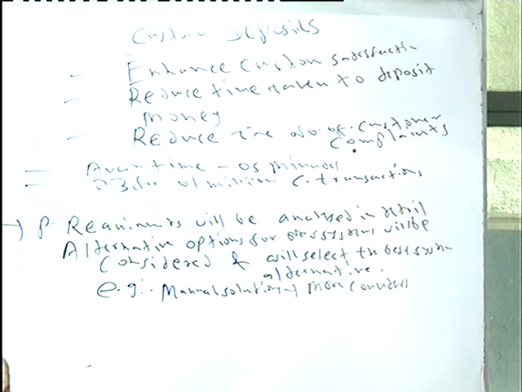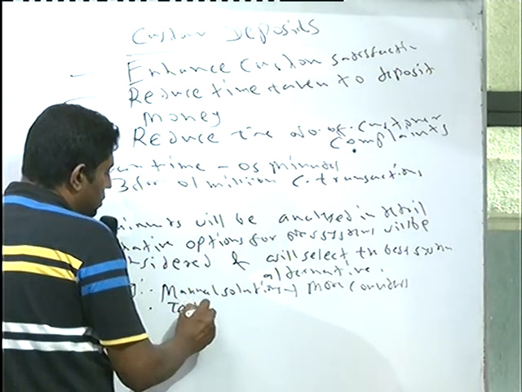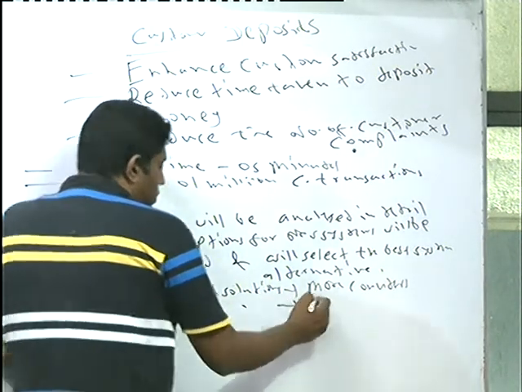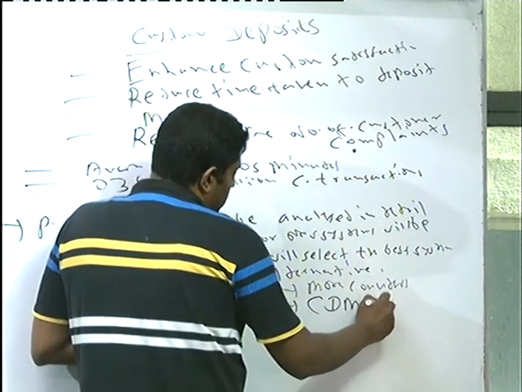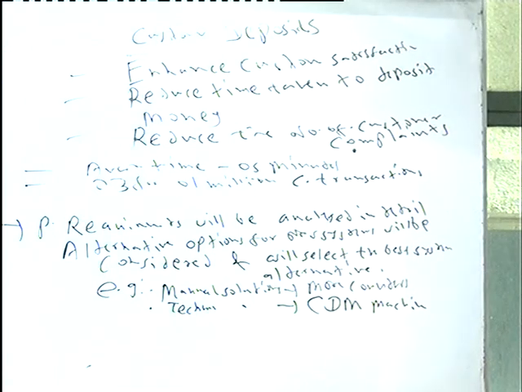You can reduce the average time the customer is waiting, no? Or I may look at technological solutions. A technological solution is to introduce CDM machines. The manual work will be done through a machinery.